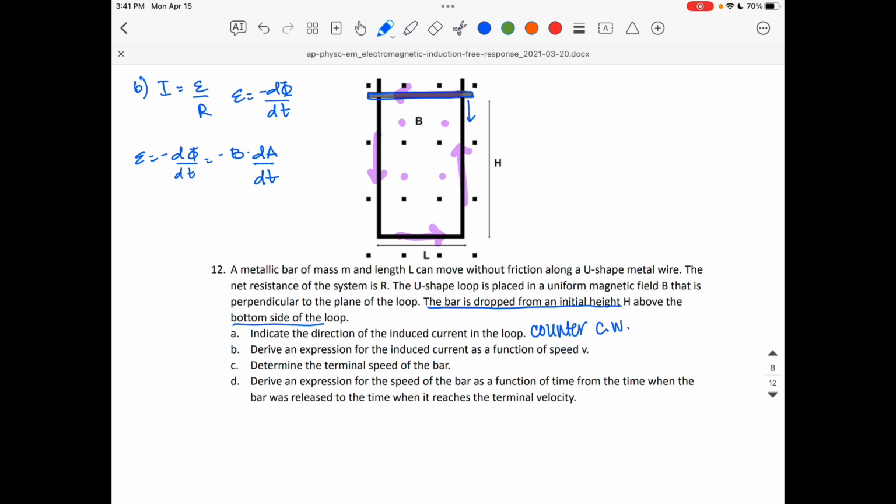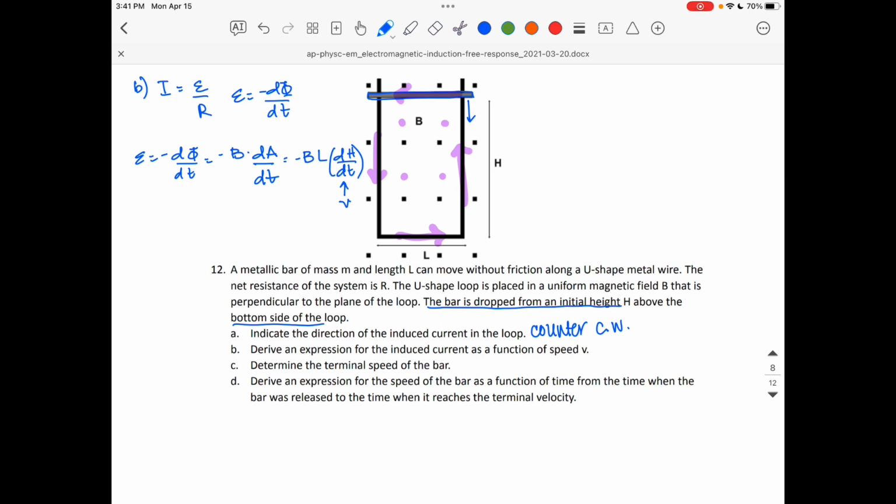There's only one part of the area changing, which is the height. So it's going to be negative B, the length stays the same, and the height is dh/dt. What we have seen quite a bit is that a change in distance over change in time is velocity.